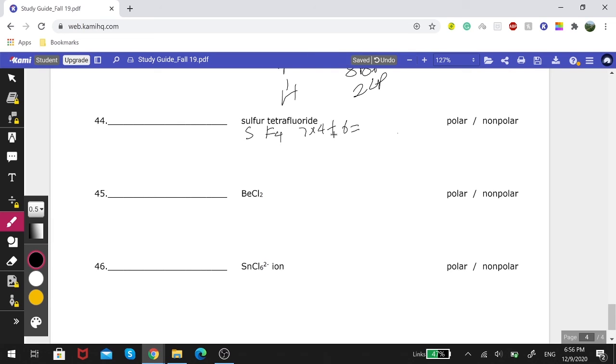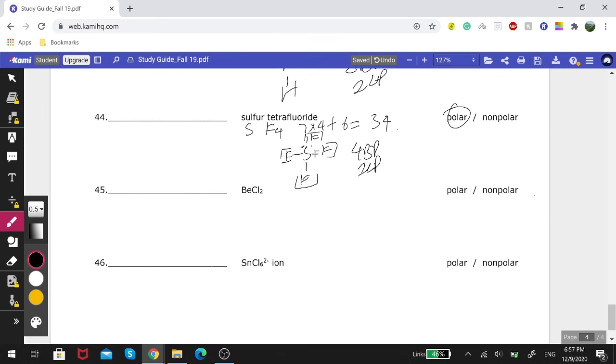That is equal to 34. We're going to have S in the middle and 1, 2, 3, 4, 4 F's around it. And now this will have a dipole since there's only 32 around it. So this will have a dipole, and the dipole makes it polar. So 4 bonding pairs plus 1 lone pair makes it seesaw.